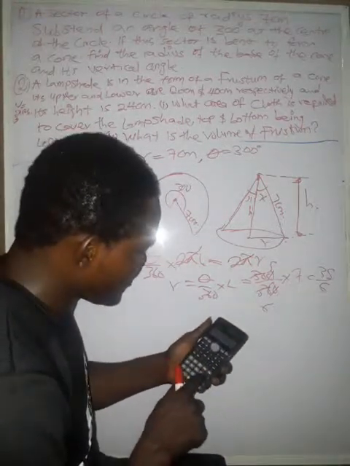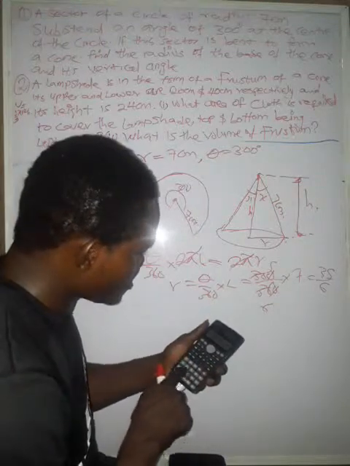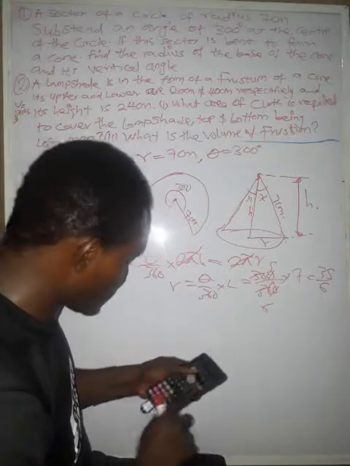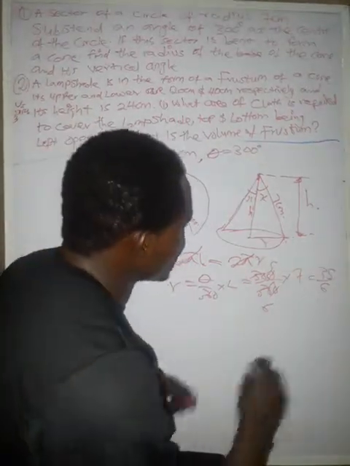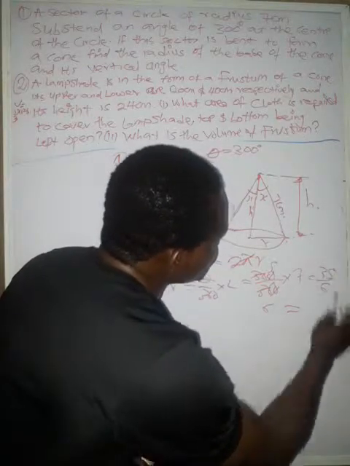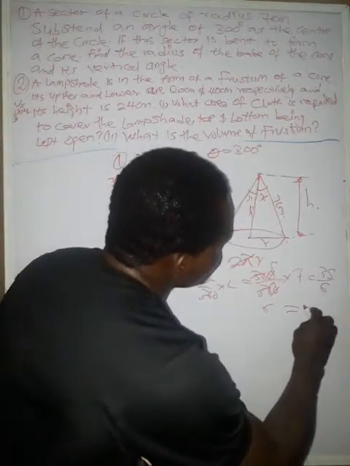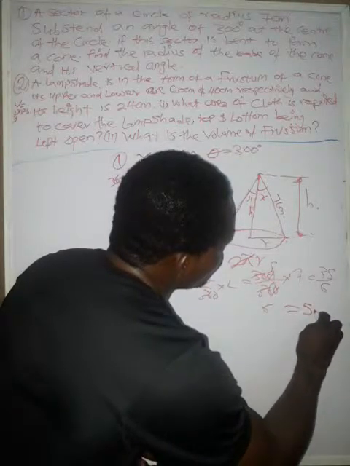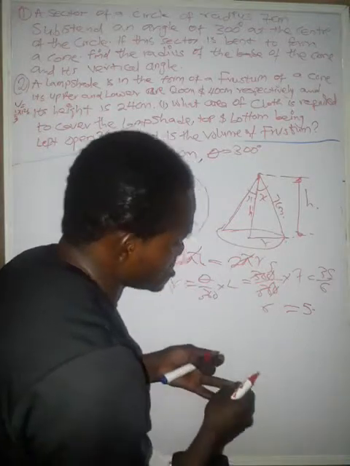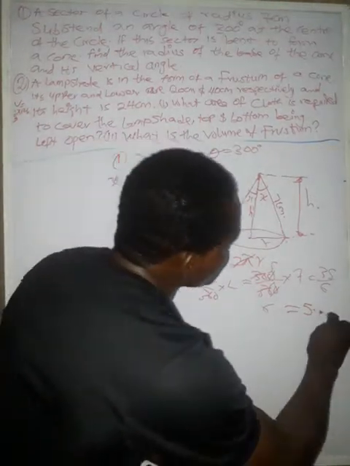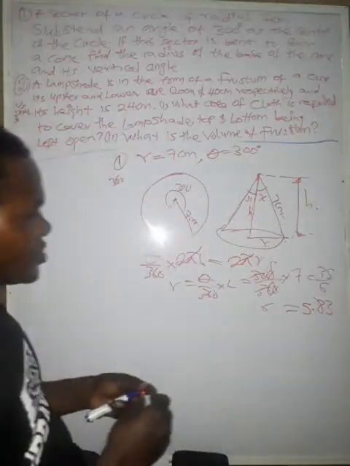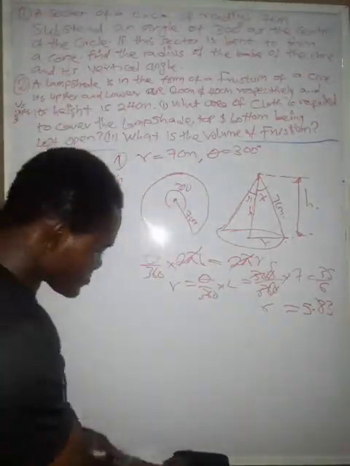The calculator is not functioning, so 35 divided by 6 is 5 point 8 3 and thereabouts. So we have it that way.